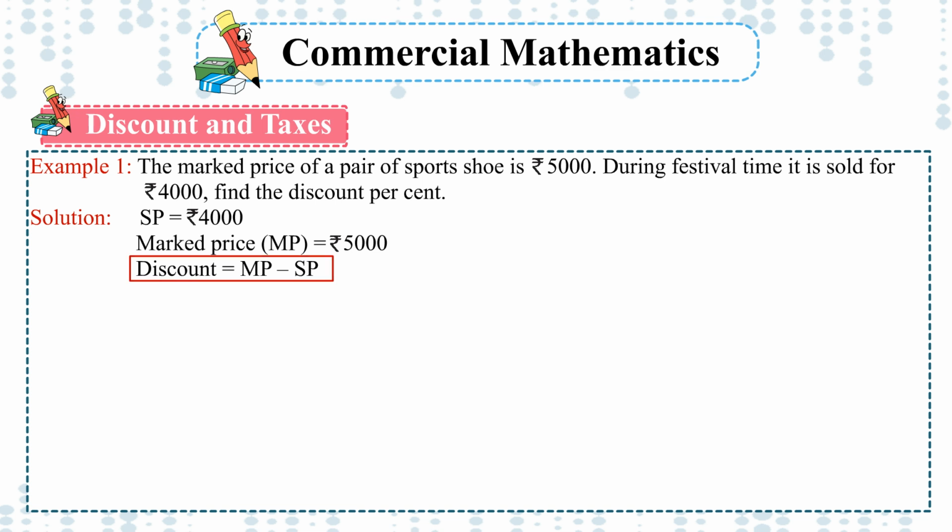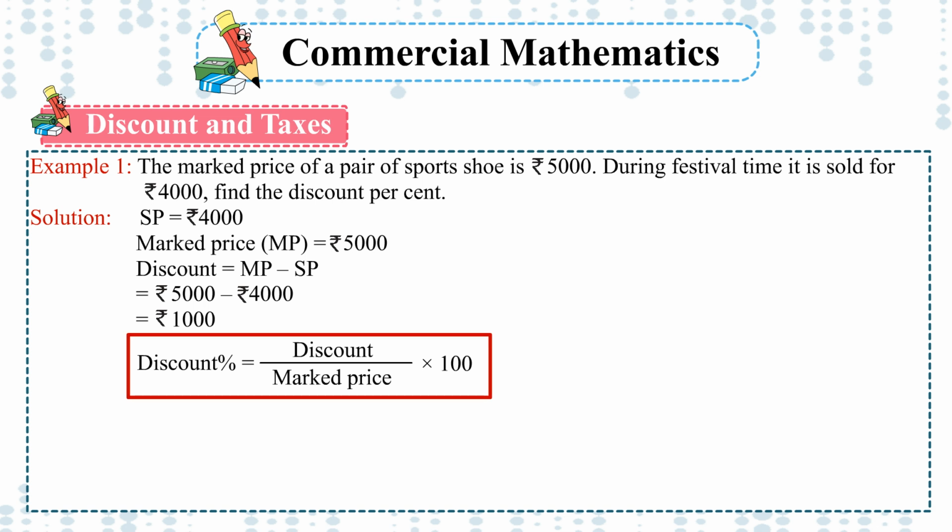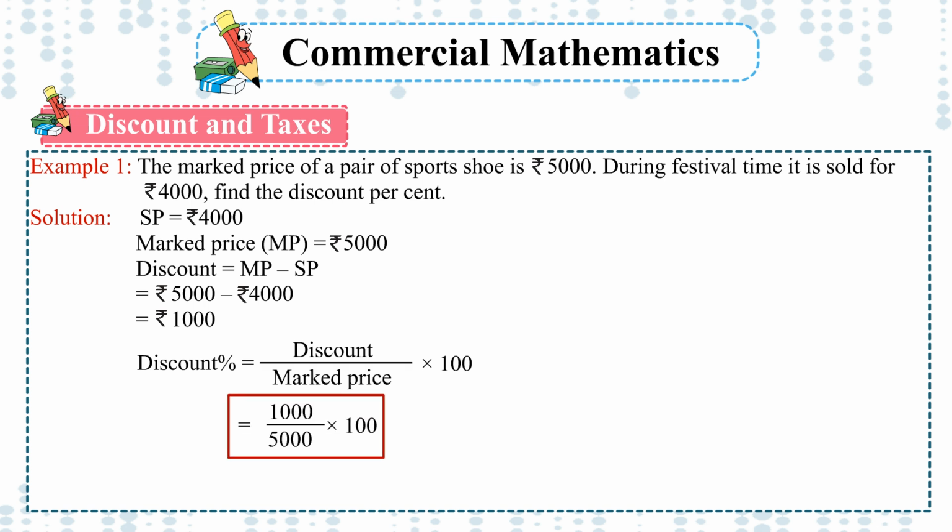Discount is equal to MP minus SP is equal to ₹5,000 minus ₹4,000 is equal to ₹1,000. Discount percent is equal to discount upon marked price multiply 100 is equal to 1000 upon 5000 multiply 100 is equal to 20. The discount is 20%.